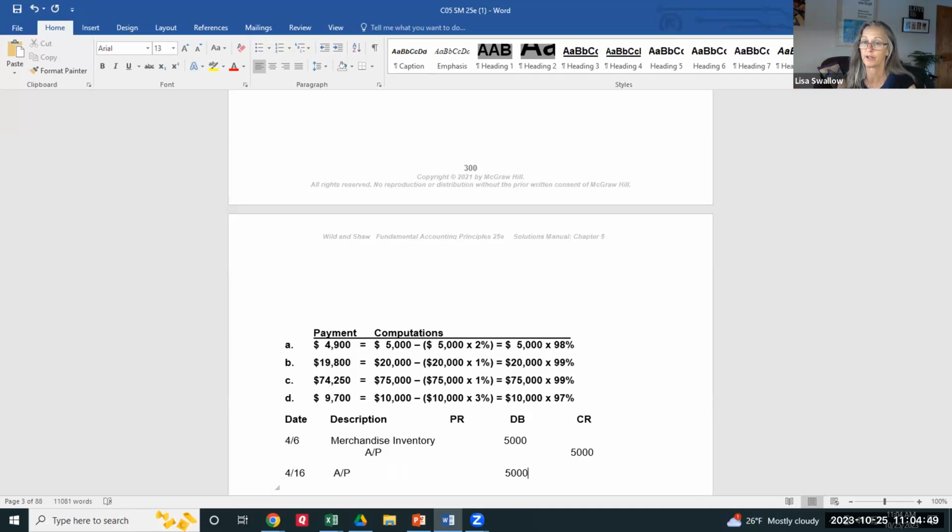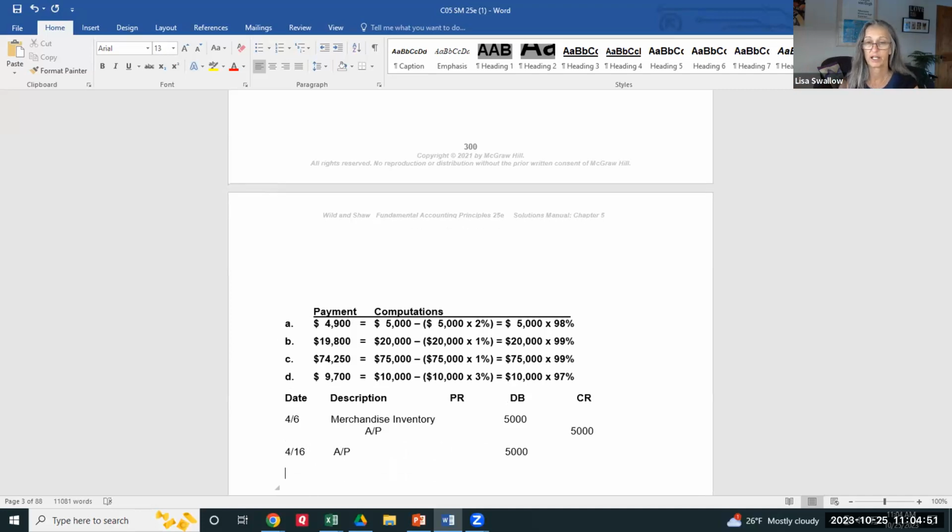I have paid my bill. But this is where it gets a little wonky. How much did I write the check for? Go back up and look at A. How much did I write the check for? $4,900.